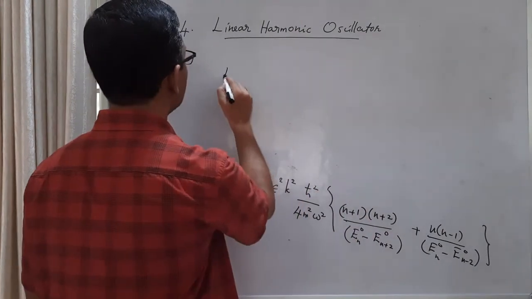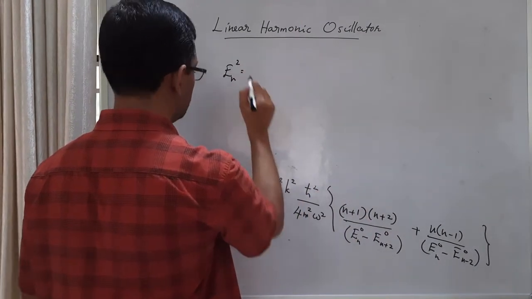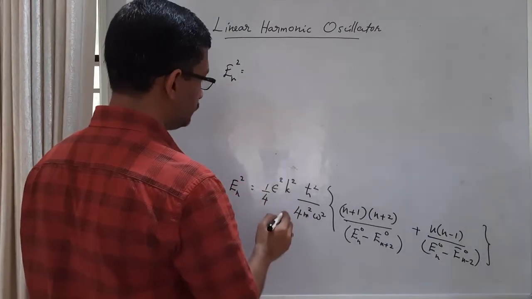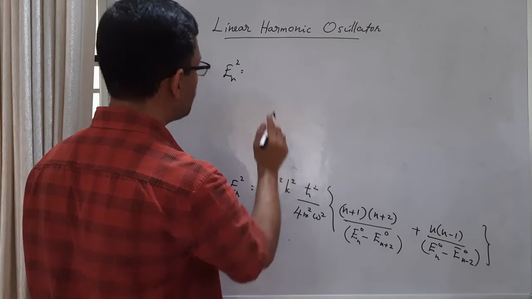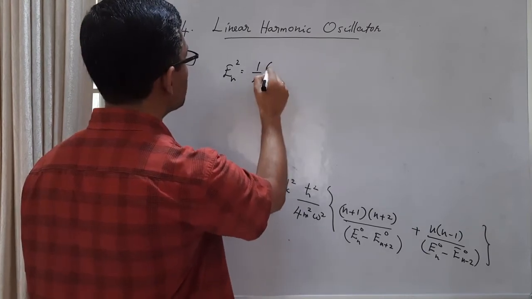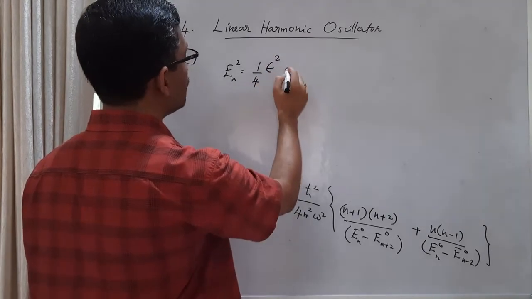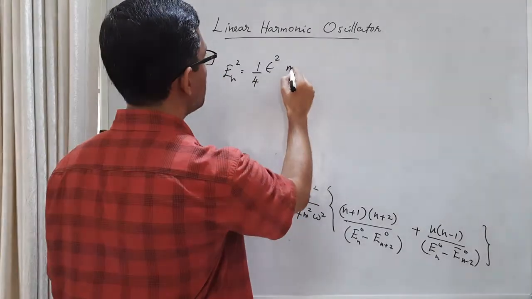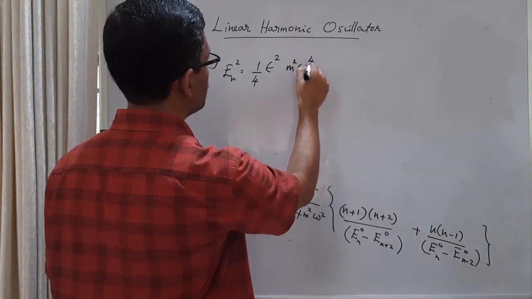So En2 is equal to, here we can simplify 1 by 4 epsilon square. What is k square? K is equal to m omega square. So k square is m square omega raised to 4.